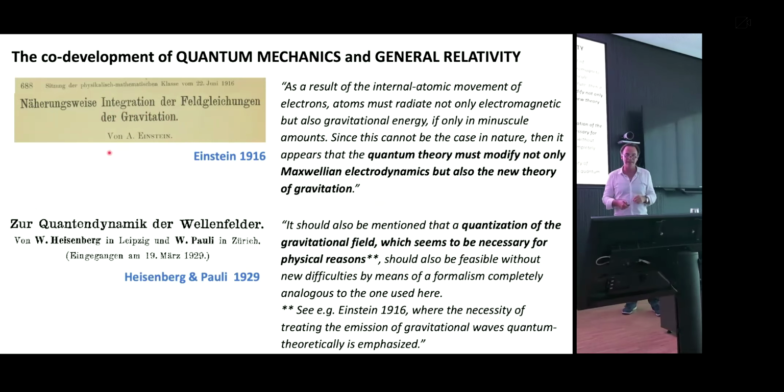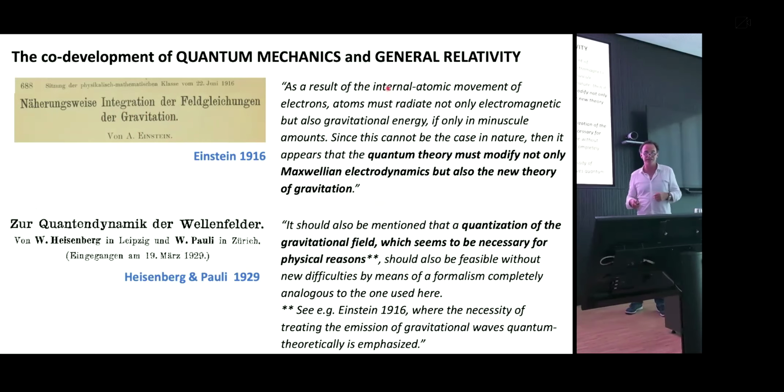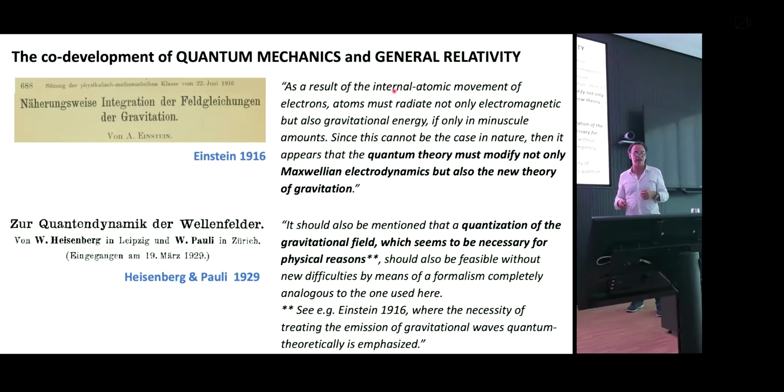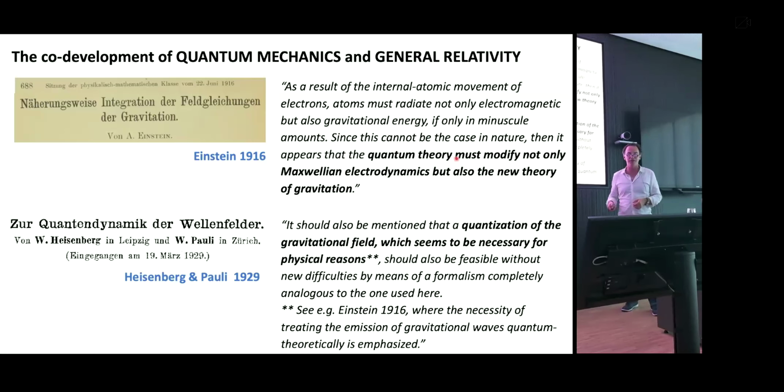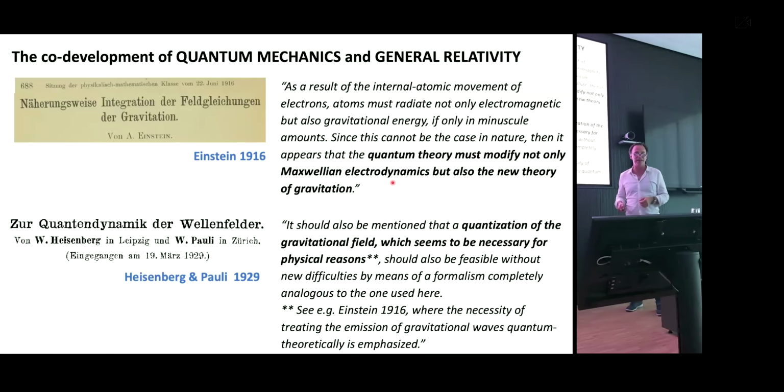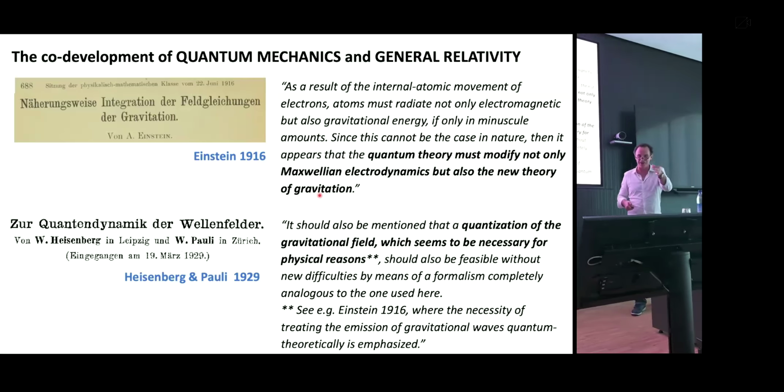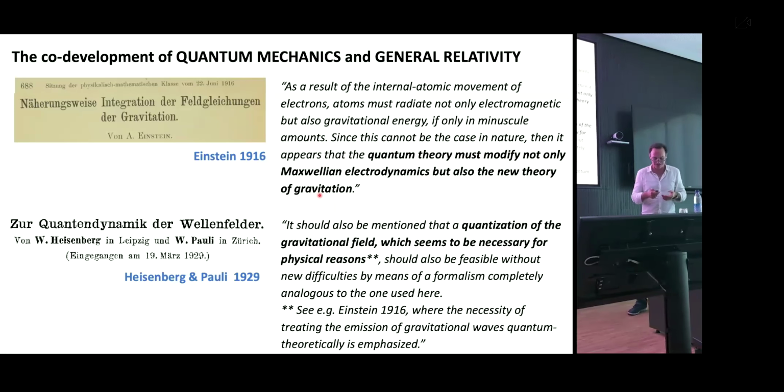He writes: as a result of the internal atomic movement of electrons, atoms must radiate not only electromagnetic, but also gravitational energy, if only in minuscule amounts. Since this cannot be the case in nature because of the stability of matter, the old argument, it appears that the quantum theory must modify not only Maxwellian electrodynamics, but also the new theory of gravitation. So this is the onset of the early thoughts of the interplay of quantum physics and gravity already in 1916.